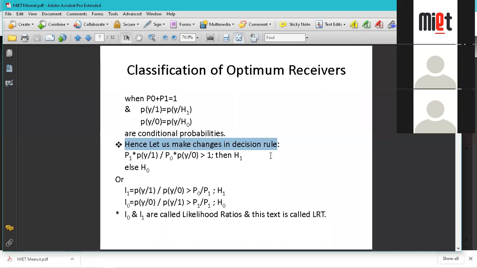And all divisions, if you want to express in a simple manner as an addition or a subtraction, you can take the log of that. So that's why these are called the log likelihood ratios, right? So let's go to the next one.